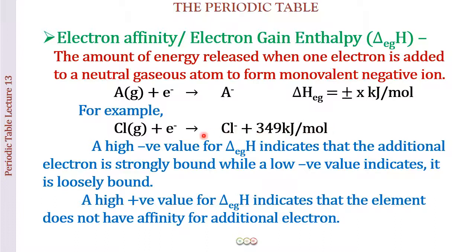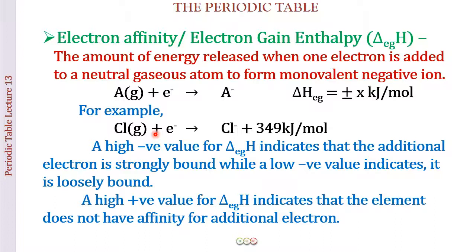When we see a reaction in which the energy has been written on the product side, this means that the energy is released and the delta H value will be negative. So we will have delta H equal to minus 349 kilojoule per mole for this reaction. Had this been written on the reactant side, that would have meant that the energy is absorbed, the reaction is endothermic, and delta H value would have been positive.